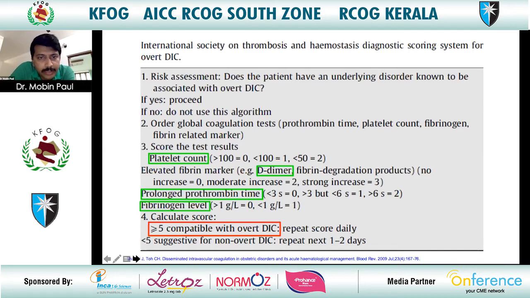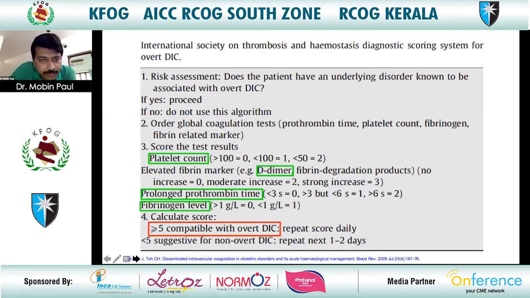For prothrombin time, don't look at the INR; look at the seconds it has increased from the baseline of your lab's normal range. Less than 3 seconds derangement, you score it as 0. More than 3 seconds but less than 6 seconds, score it as 1. More than 6 seconds, score it as 2.